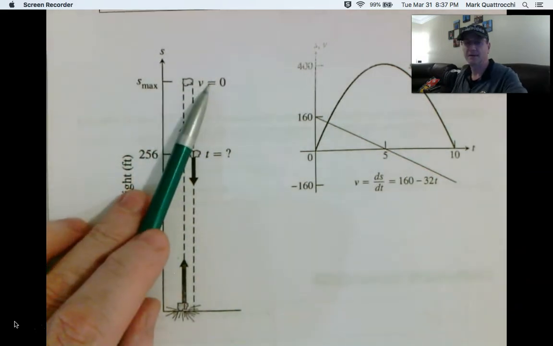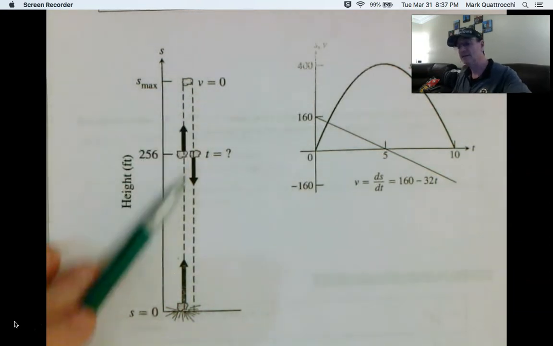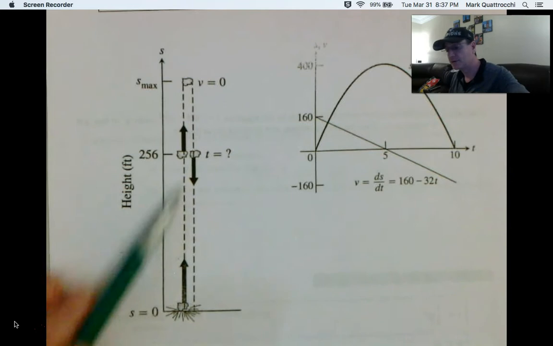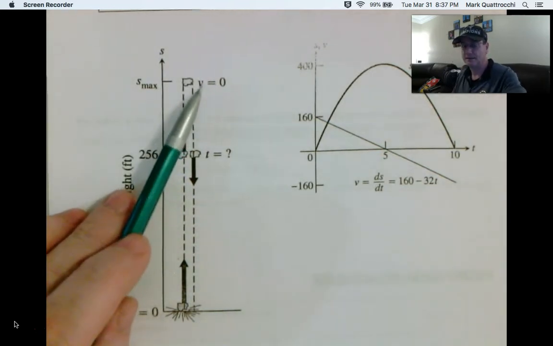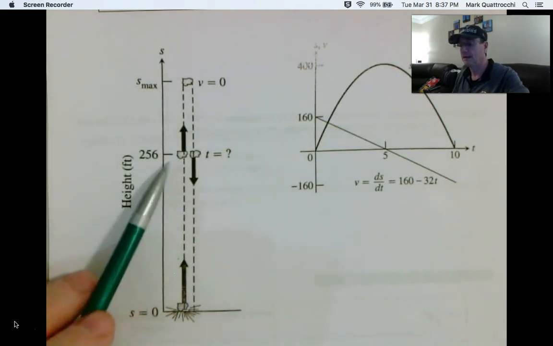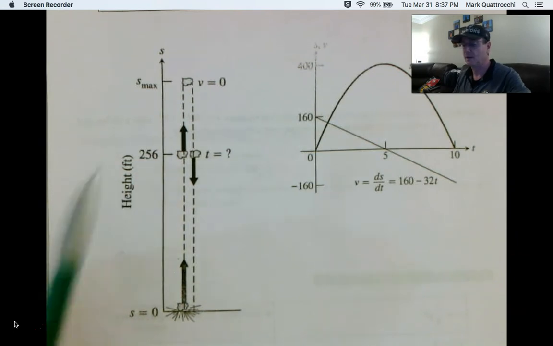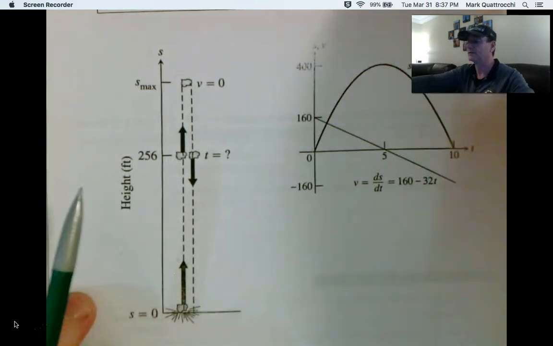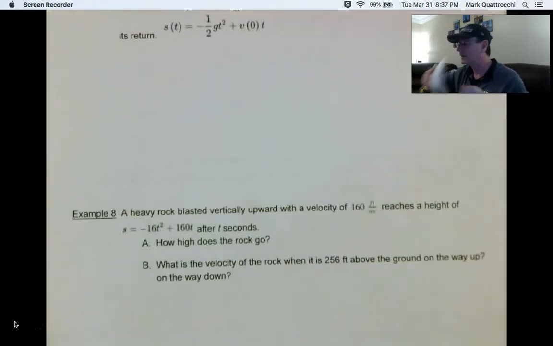When it reaches that maximum height, its velocity is 0. Its acceleration is still the same. Acceleration going up, acceleration going down, but the velocity here is 0. It's getting slower, but the acceleration is not changing. At what time is it 256 feet off the ground? It's going to occur at 2 different times, which we're going to see in, I believe, the very next problem.